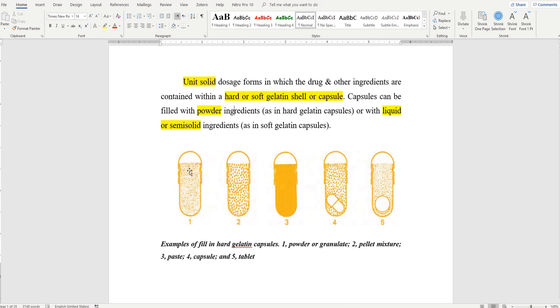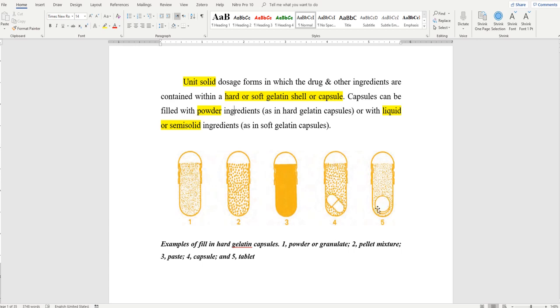Later we will talk about this, but you will see that it can be filled with powder or granule formulation. It can be also filled with paste, meaning semi-solid. It can be filled with another smaller capsule.